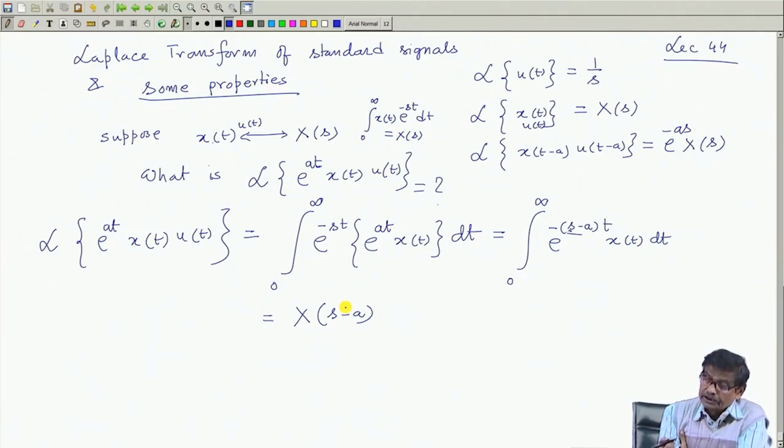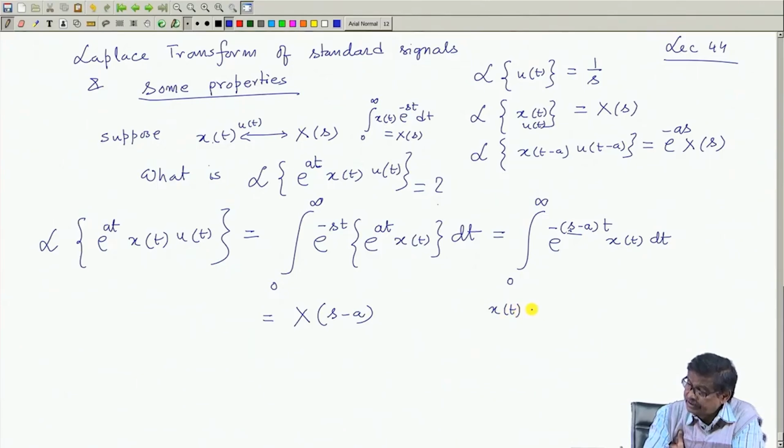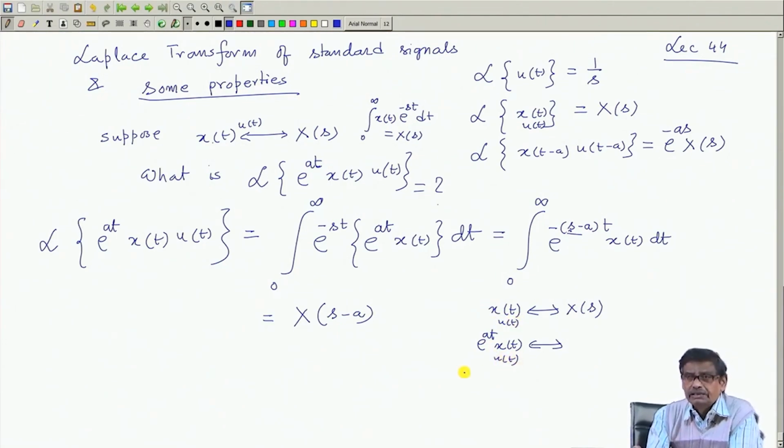So, essentially, if the Laplace transform of x(t) is X(s), then if you multiply this function with e to the power a t, and all are causal signals multiplied by u(t), even if I forget t, I mean that.